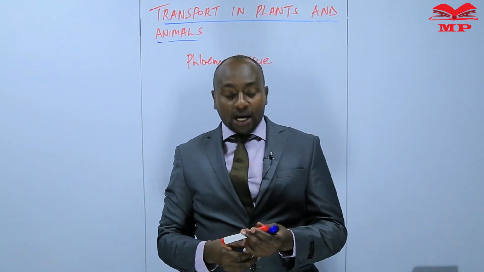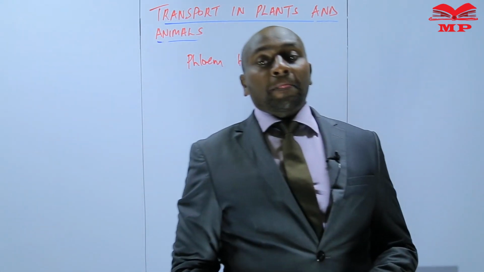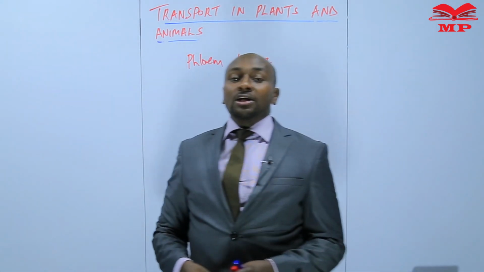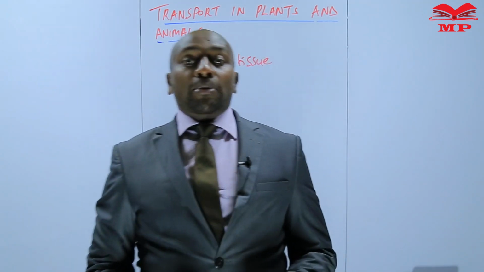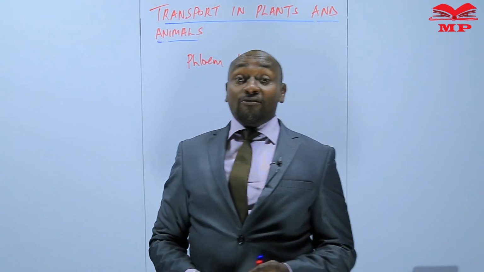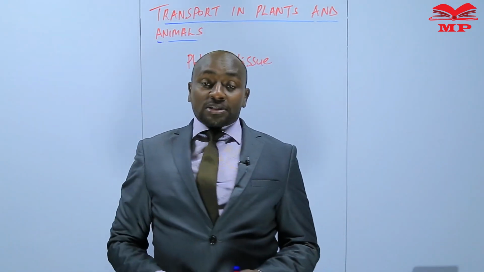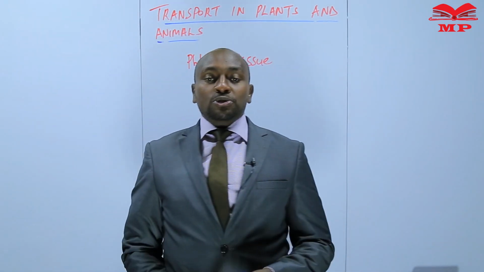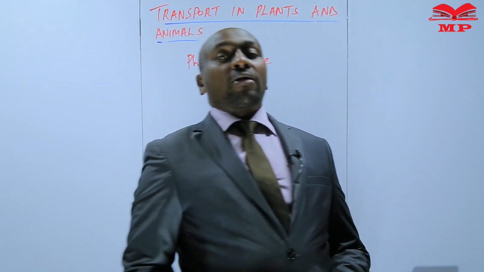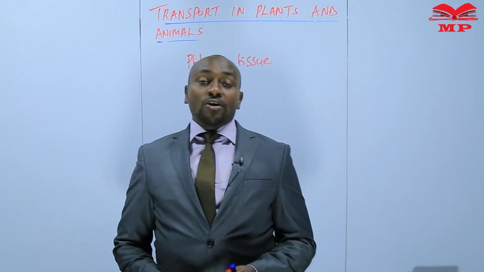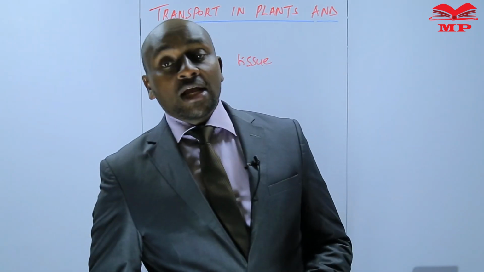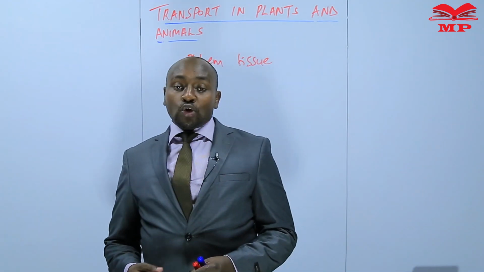First of all, we know that phloem is the one that transports products of photosynthesis from the leaves to the rest of the plant. And that process that involves the transportation of the products of photosynthesis, or simply manufactured food, is known as translocation.